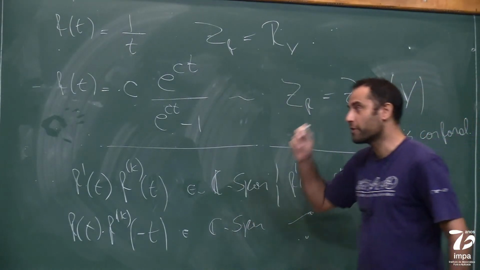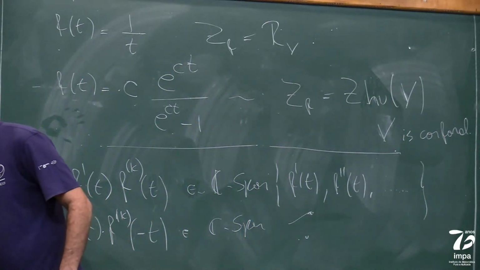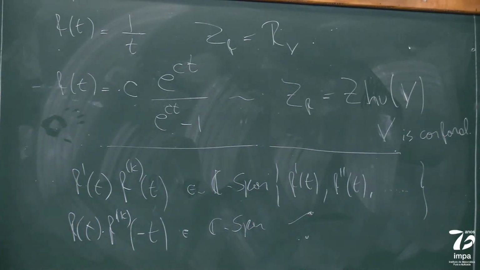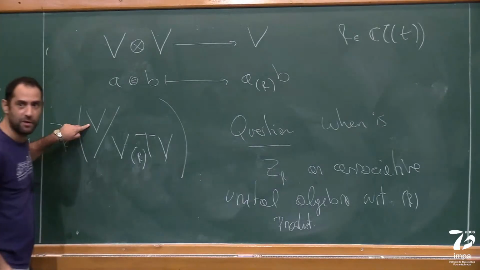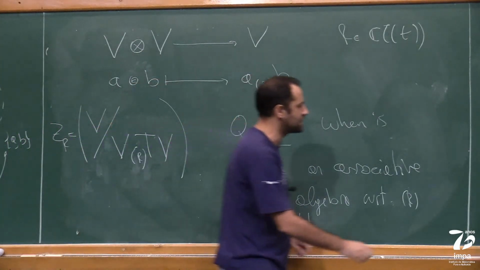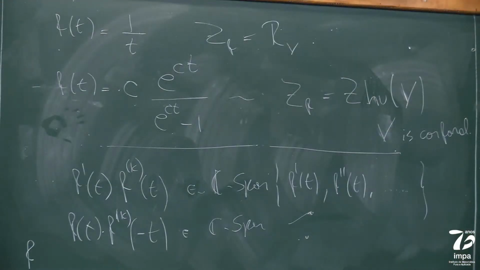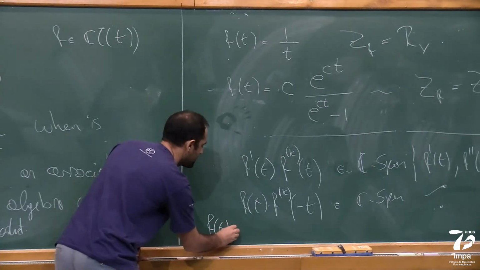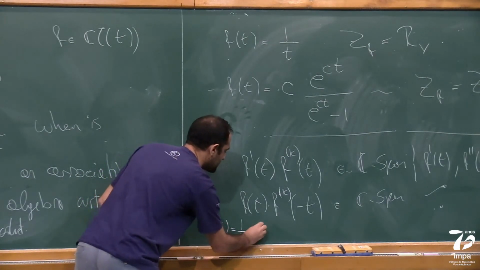And if further you ask that it's unital with respect to the product, and you want the unit to be, of course, the image of the vacuum element here, then you're going to find another condition: that f has a pole of order 1 and it's the unique pole, with residue 1. So that f of t is of the form 1 over t plus something.